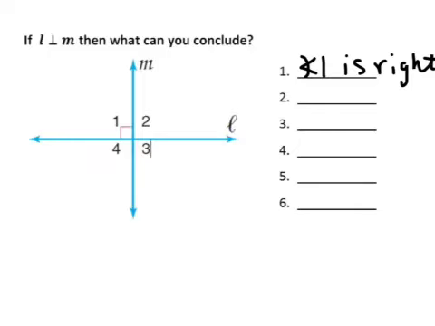Also, since angle 1 and angle 3 are vertical, we know that they're congruent. We also know that angle 1 and angle 4 form a linear pair.